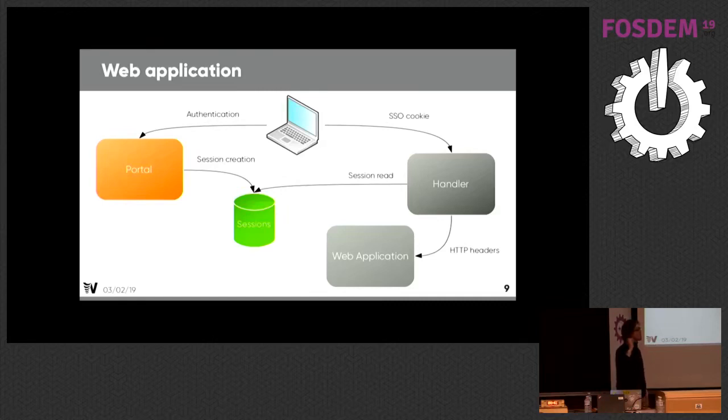So you can deliver to web applications the identity of the user like you do with a simple Apache authentication module. Maybe some of you know how to set up mod auth basic or mod auth LDAP in Apache. The handler is the same thing as an Apache authentication module. So the application is just reading inside the HTTP request the identity of the user.